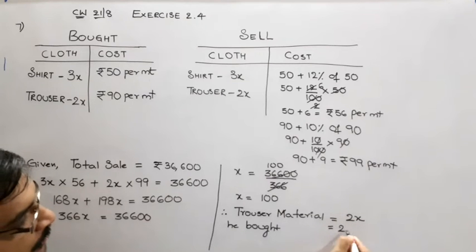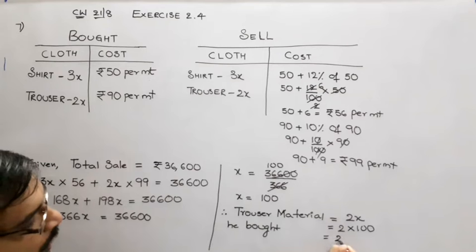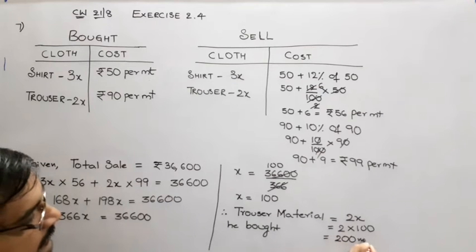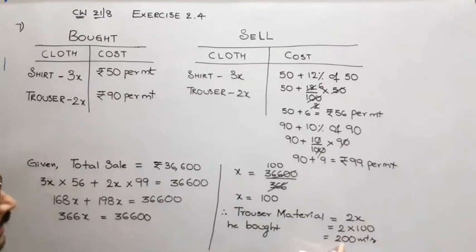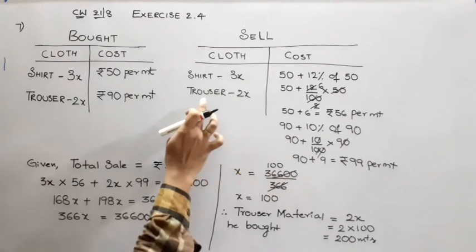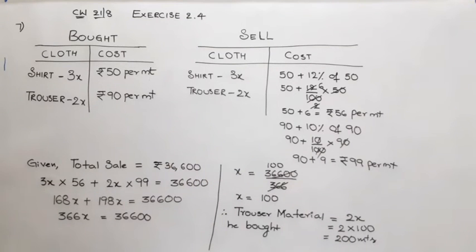That means 2 into x, that is equal to 200 meters. So through this what we understood is he bought 200 meters of cloth for trouser. Hope you are quite clear.